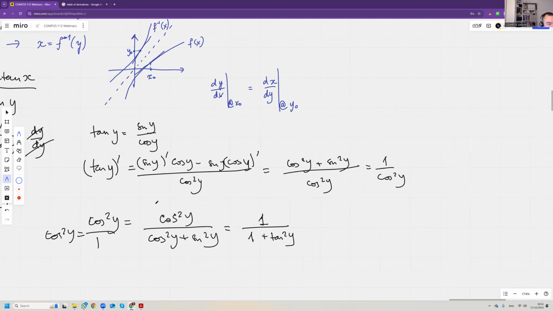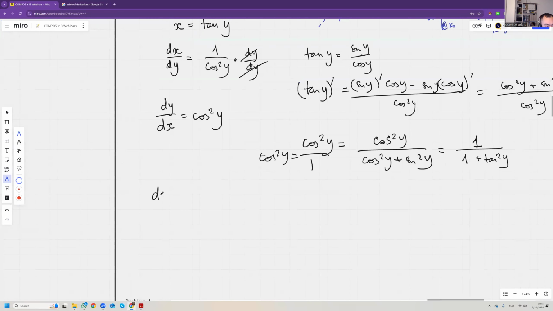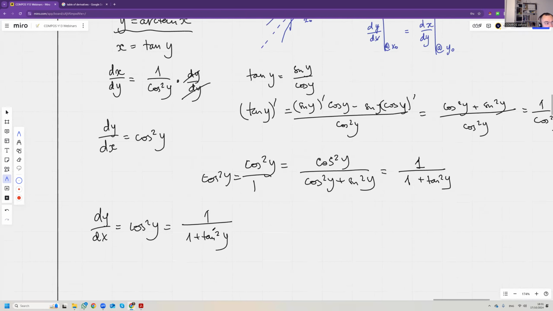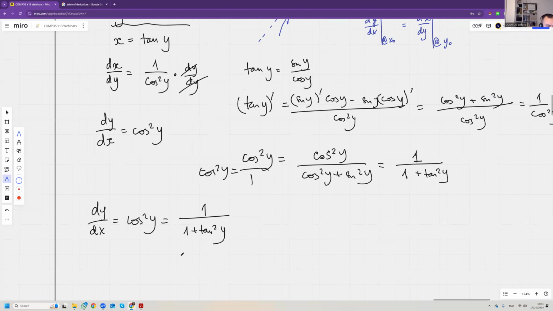Okay, so finally, we can rewrite this. So dy on dx is cos squared y. But cos squared y can be written as 1 over 1 plus tan squared y. But y is arctan x, so we substitute that in.